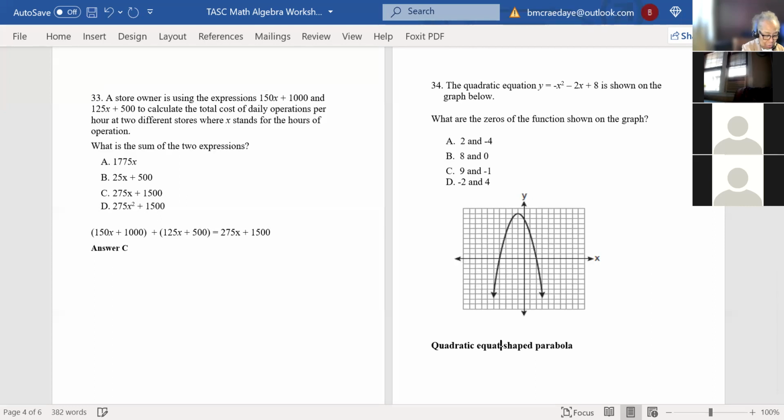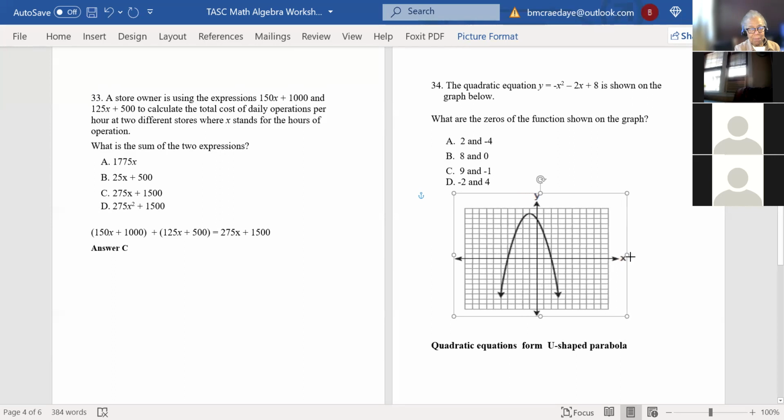And this is always true. So when you see that a quadratic equation forms a U shape, just remember it's called a parabola. Parabola. All right.